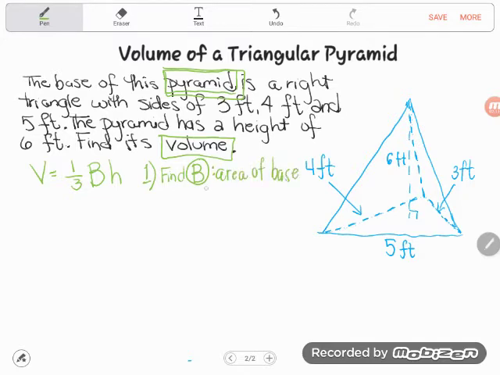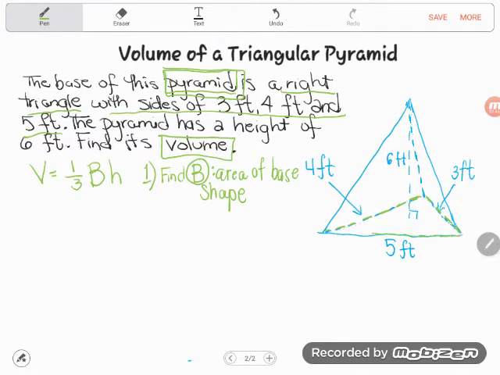So they told us a little bit about the base shape in this problem. Let's go back and look. It said the base of this pyramid is a right triangle with sides of 3 feet, 4 feet, and 5 feet. So our first step is to find the area of that base shape, that triangle. We can see in our drawing, it's this triangle here with sides of 3 feet, 4 feet, and 5 feet.